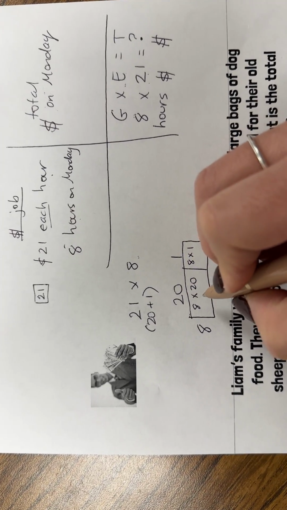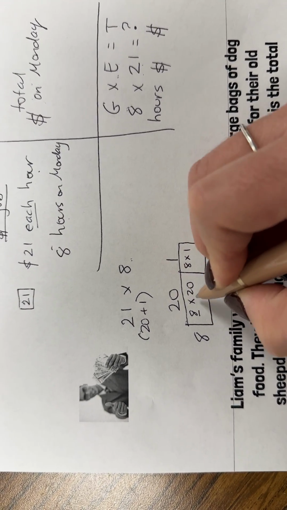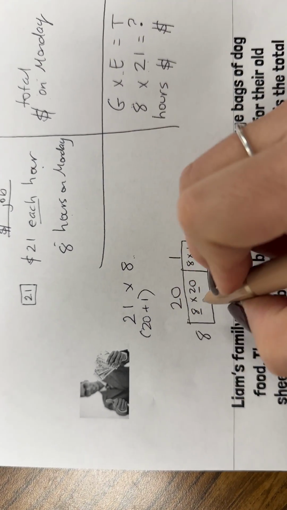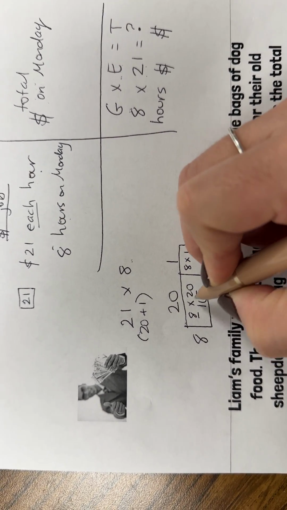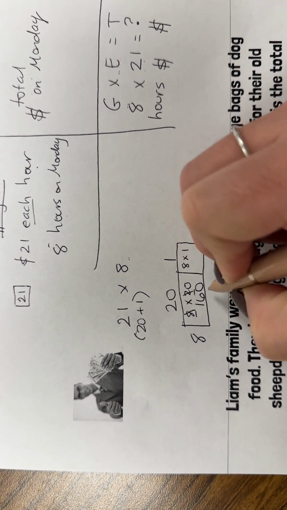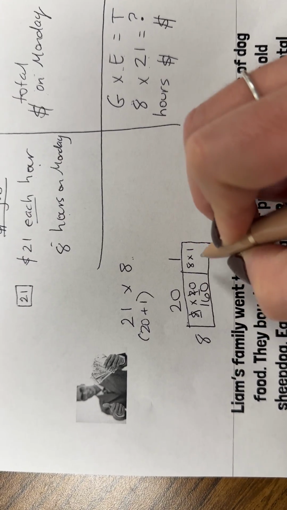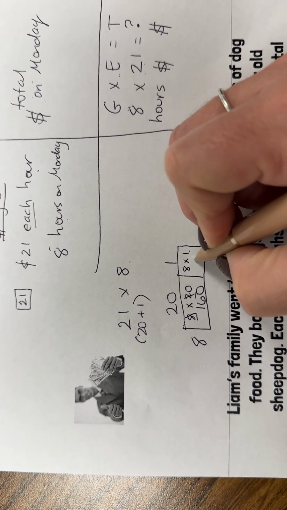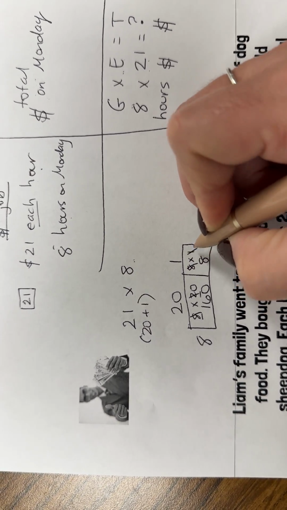So when they're multiplying, I try to have them focus and underline the 8 and the 2. You're just multiplying 8 times 2, and that would be 16. And I'm going to have them cross these off, and then I'm going to have them put the 0 at the end. So that one's 160. And then when they get to this box right here, you just have 8 times 1, which is 8, and then we'll cross it off.